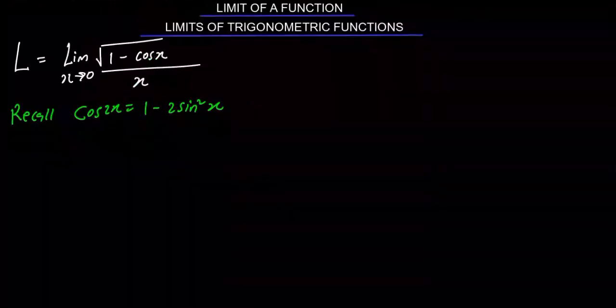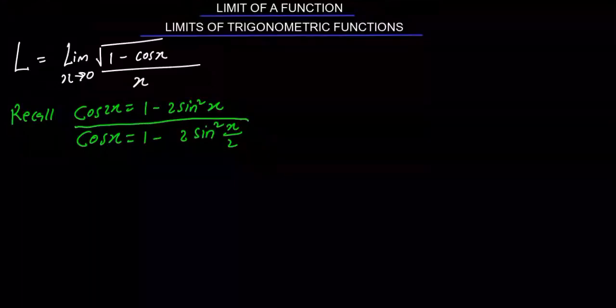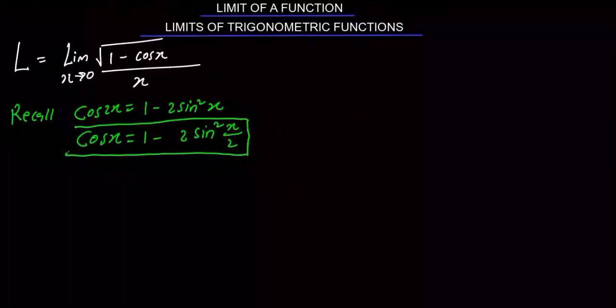It means that if I just divide these angles by 2, I'll be having cos x equal 1 minus 2 sine square x over 2. That is how you can obtain one identity from the other. So this is it. Cos x equals 1 minus 2 sine square x over 2. We already know this. Then we obtain this. So I'll just use that.